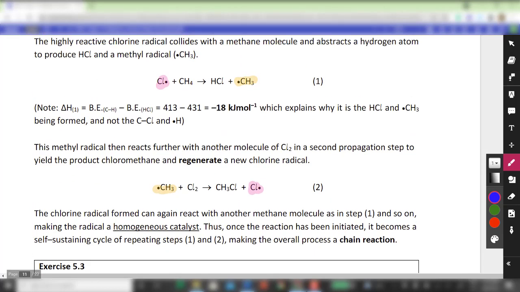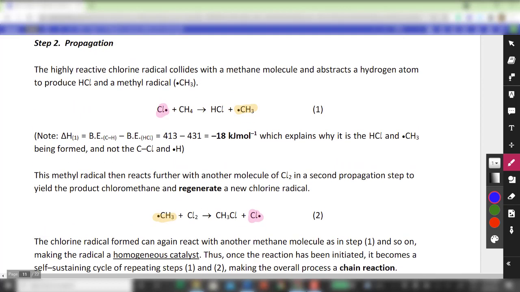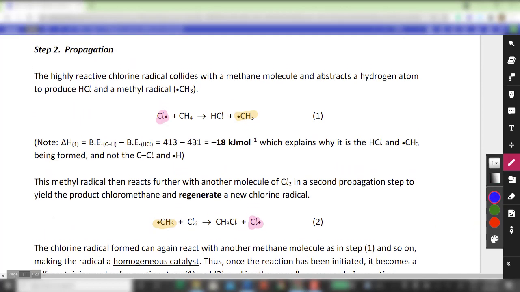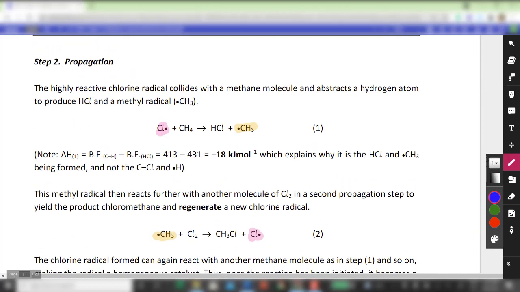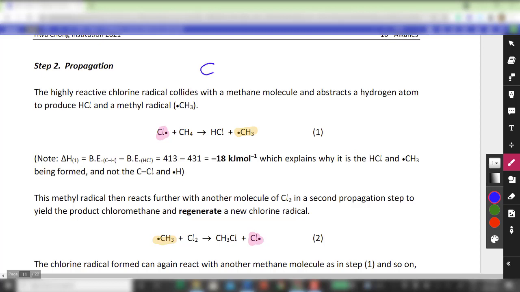Okay, if you are interested in curly arrows, then you might be interested to know how the chlorine radical actually grabs the H. If I'm going to draw the C-H bond out, the C-H bond also undergoes some form of homolytic cleavage.